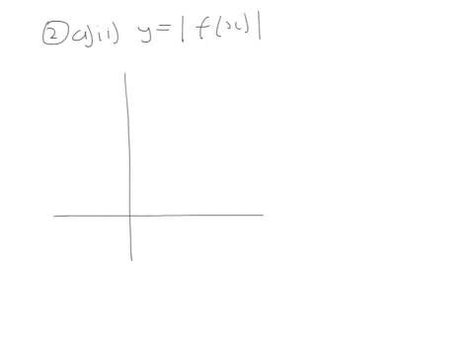Now in question 2, part A2, we've got to sketch the graph y equals mod f of x. So it's the same as before in that this happens, but then it bounces. So instead of coming down here, it goes up like this.